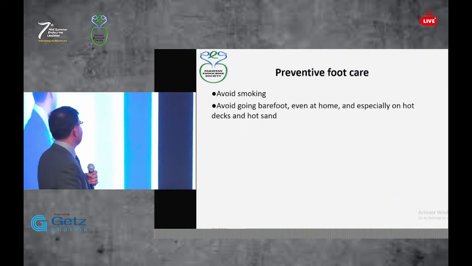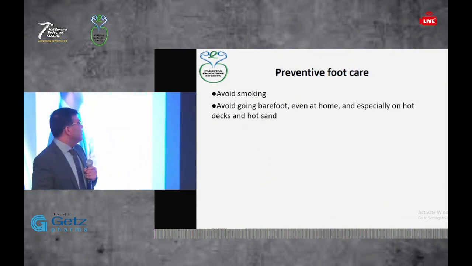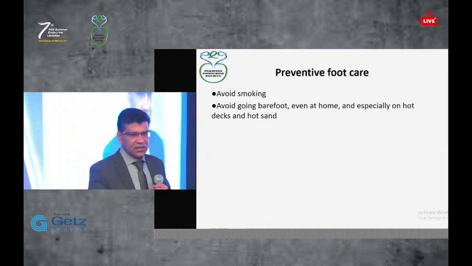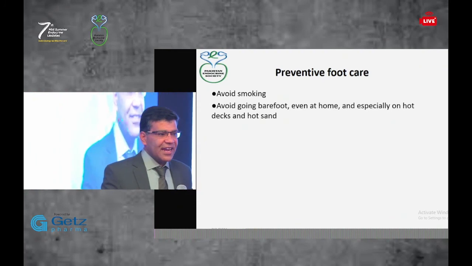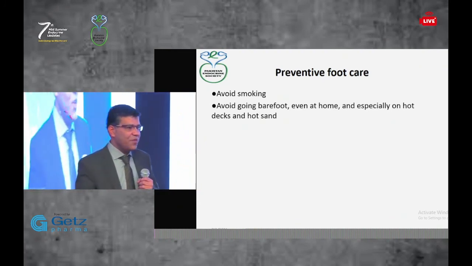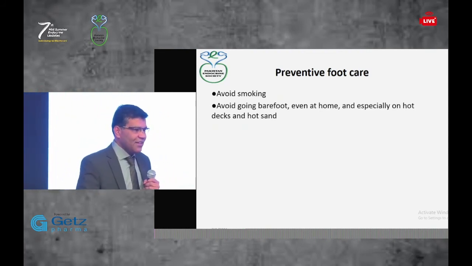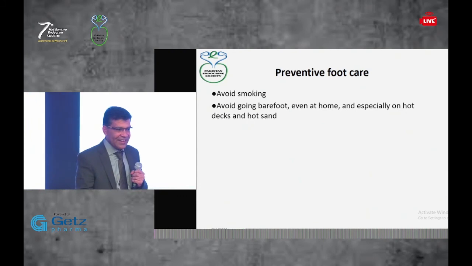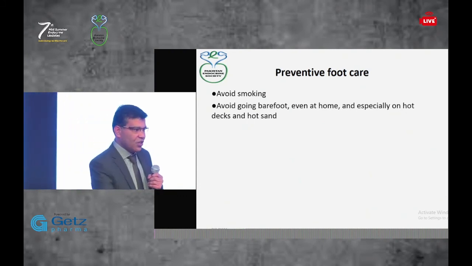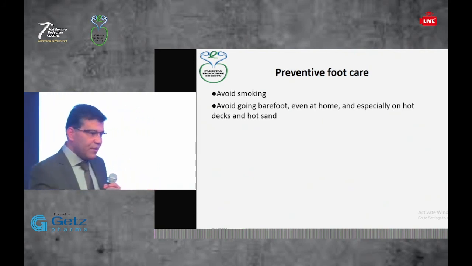Avoid smoking, avoid going barefoot, and especially on hot decks and hot sands. Last night I was at the Faisal Mosque, and I was walking barefoot, and it was very hot weather in Islamabad, so my feet were burning. I felt that burning on the floor, but a diabetic patient who walks on these areas will find it very difficult.